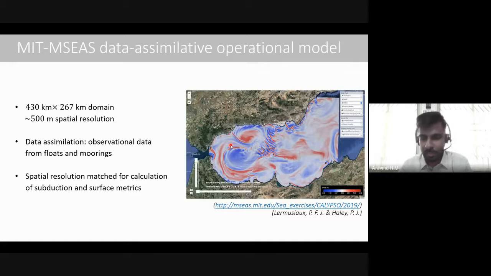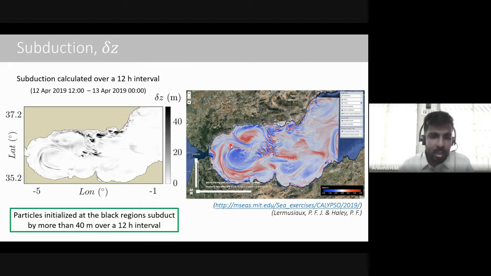So the first step for me was to see how much subduction was occurring in these models and where these regions of strongest subduction were. So what I did was initialize a uniform 2D grid of particles at a depth of 2 meters below the surface of the ocean, and I let them advect forward in time for 12 hours.